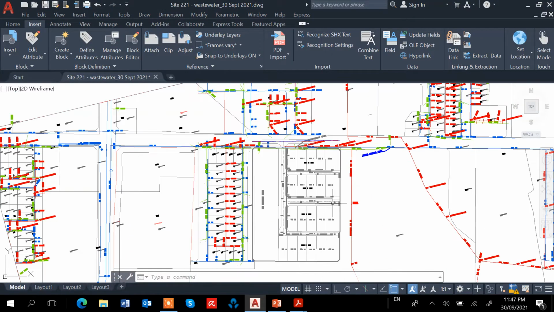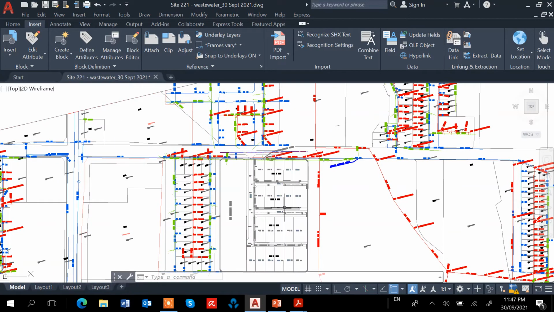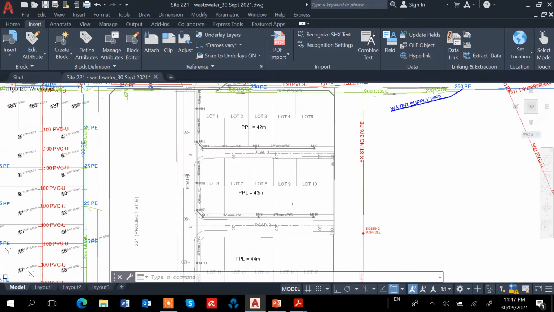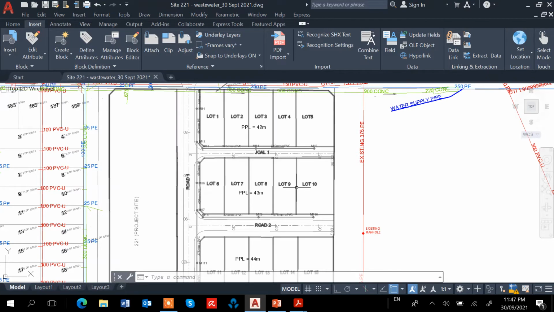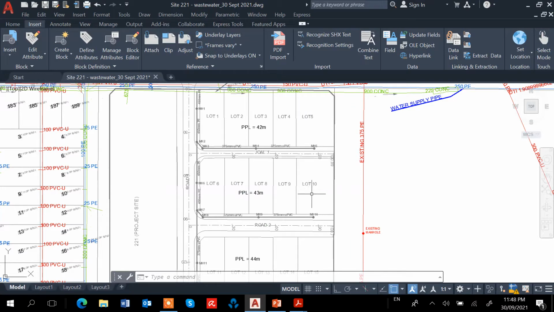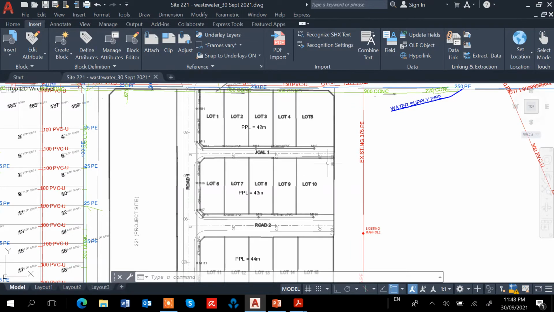There will be different lines, at least 3 lines. Actually I have done it. In this one, I just show something from scratch, but I'm not going to complete all the drawing, because it will take quite a long time. So I will try to draw the sewer pipe first.